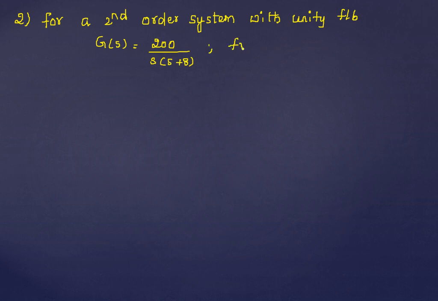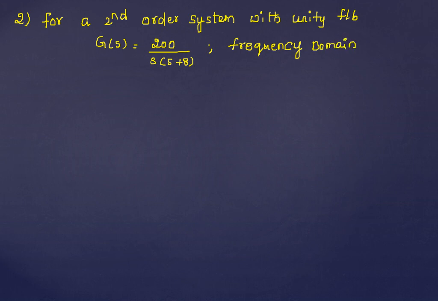We know that the frequency domain specifications are resonant peak, resonant frequency, and bandwidth. So we have to calculate them. They are not directly giving the zeta value and omega value here. Instead, they are giving the open loop transfer function and asking us to find the frequency domain specifications.